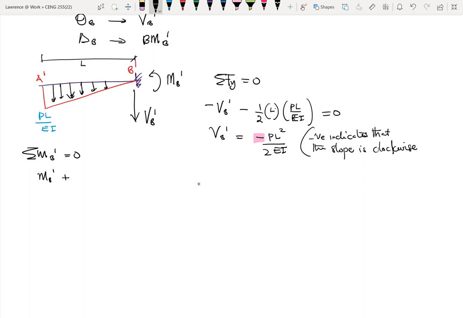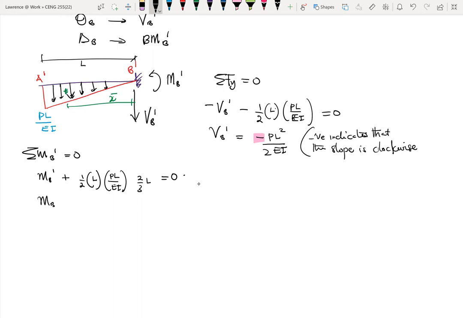So that will give us half. So I'm putting together the area now, which is the load. Then the centroid will be somewhere here. So this becomes my X bar. Okay. So that will give us times 2/3 of L. Okay. And all of this will be equal to 0.